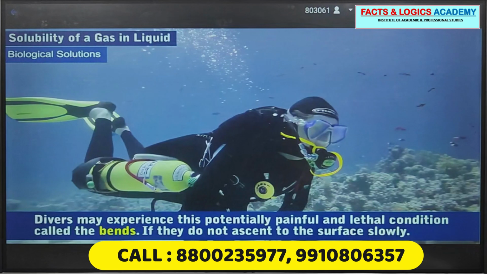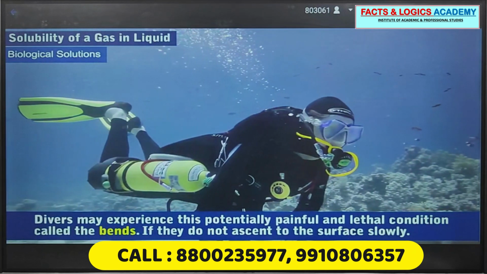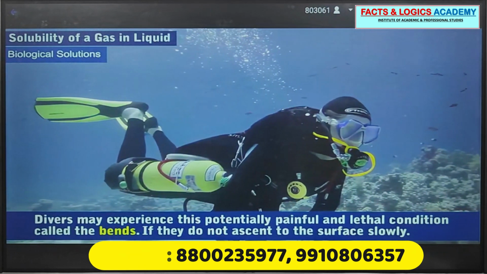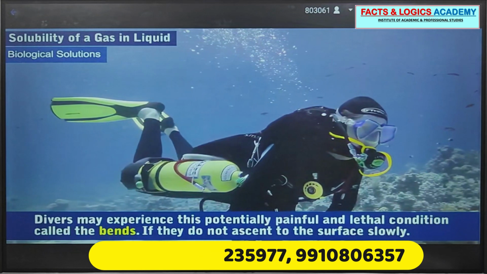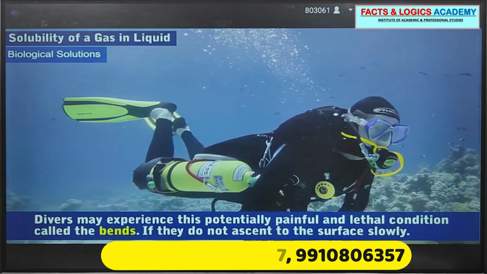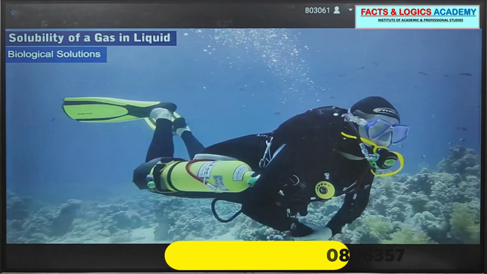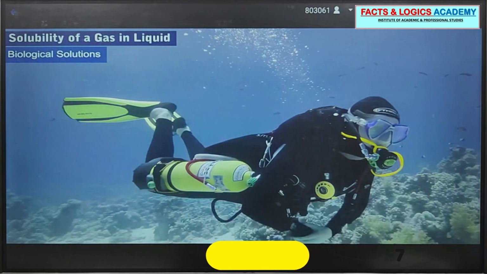Divers may experience this potentially painful and lethal condition called the bends if they do not ascend to the surface slowly, allowing themselves time to adjust to the lower pressure at the surface.